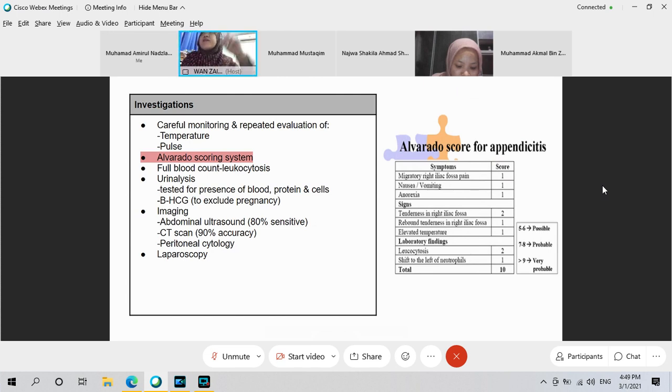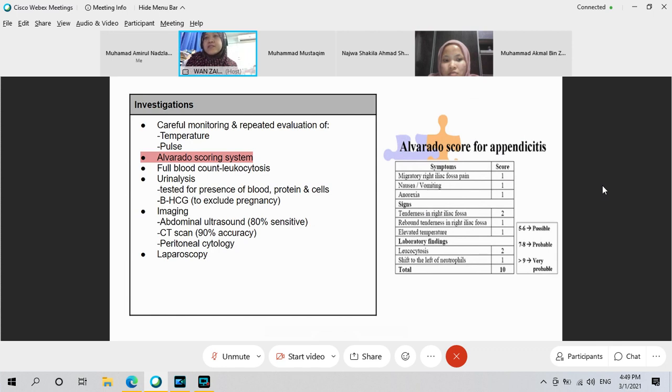So just now, if you can recall, your friend mentioned visceral pain is non-specific and it will refer to the embryological memory. So the embryological origin of the appendix, which gut does it belong to?